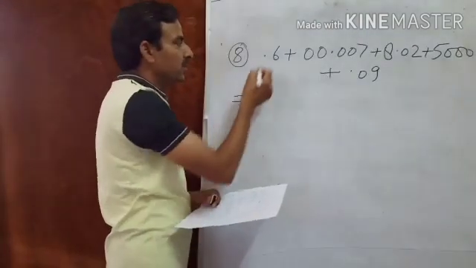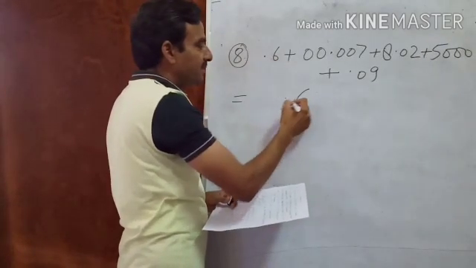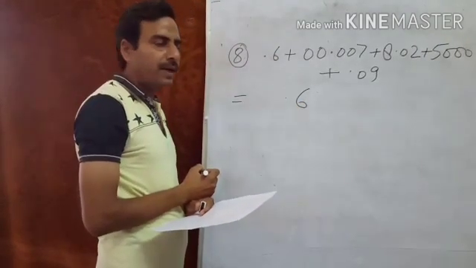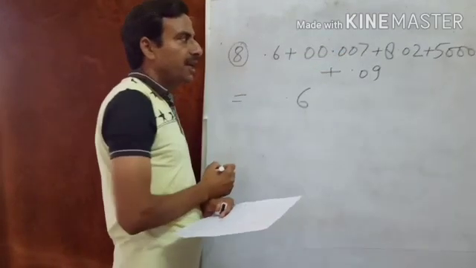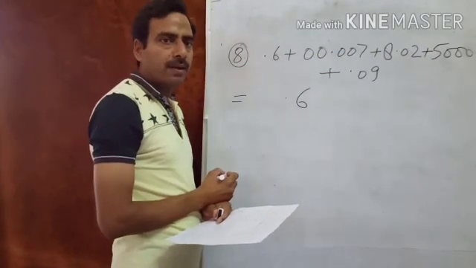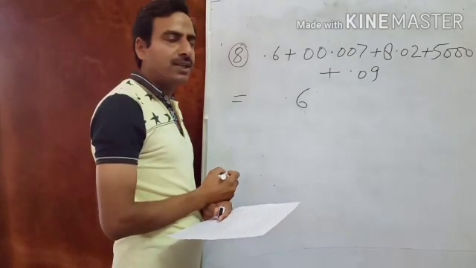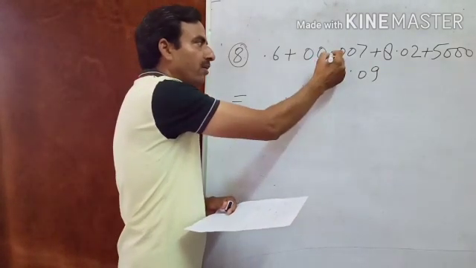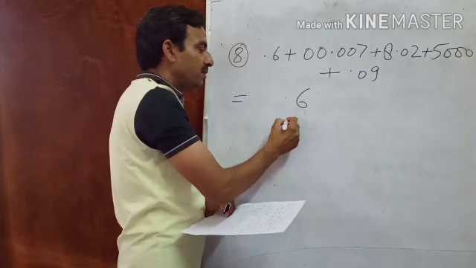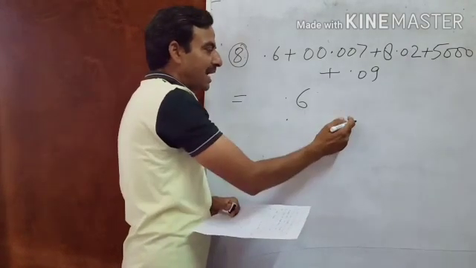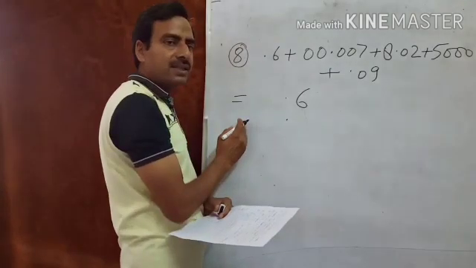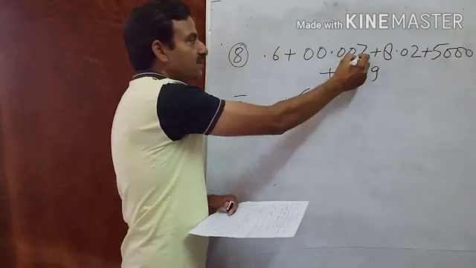Next, 0.6 we write. First number. Second number is 0.007. In this type of problem, I taught you we always have to write decimal under decimal. And decimal digits we write this side and whole number we write this side. These are decimal digits.